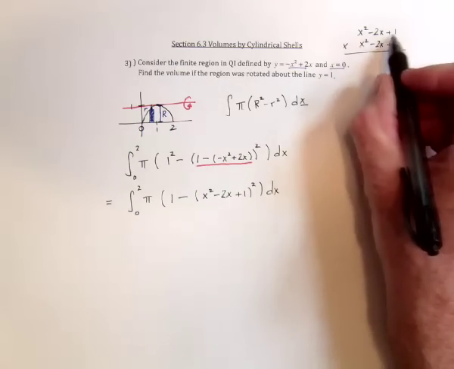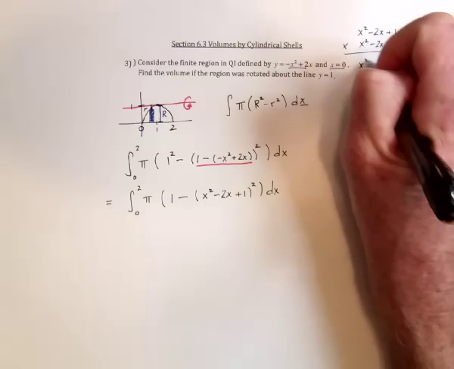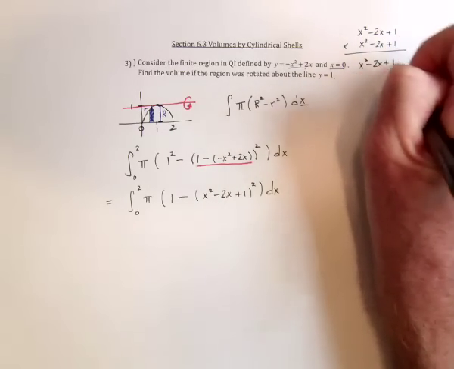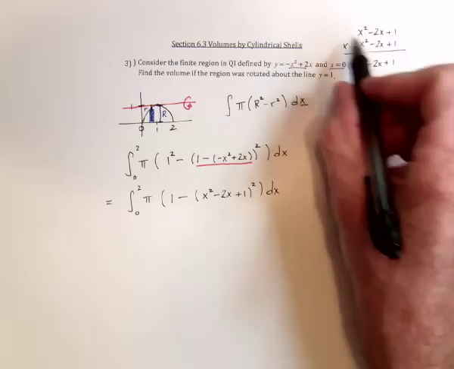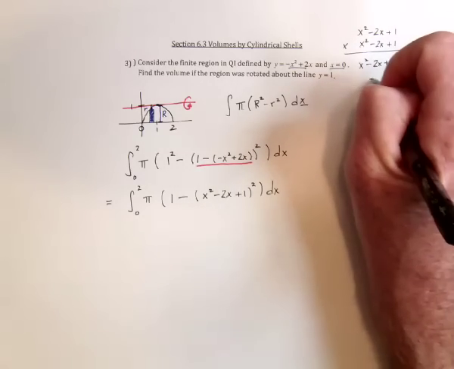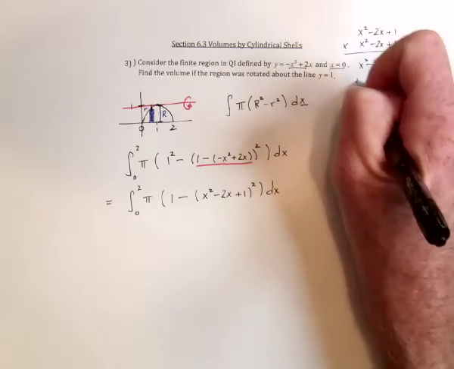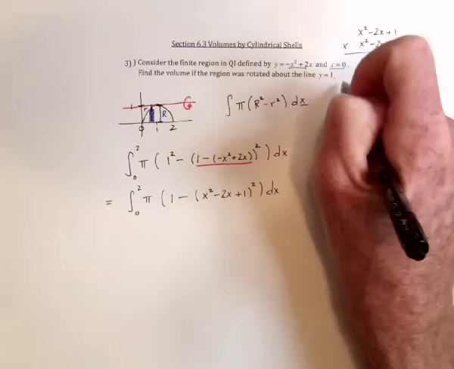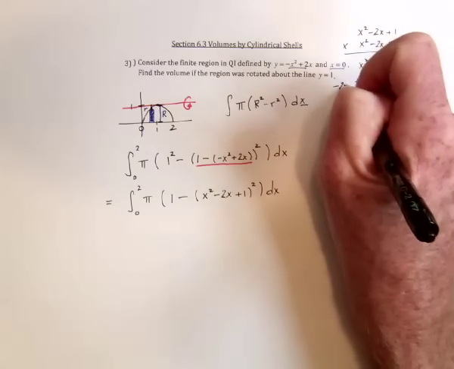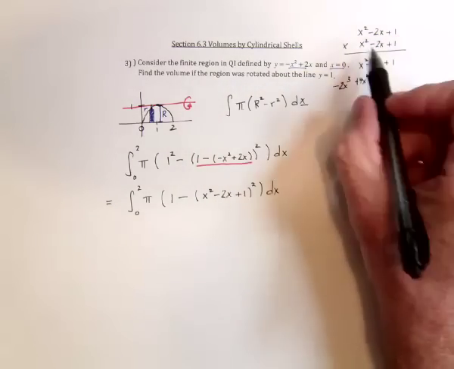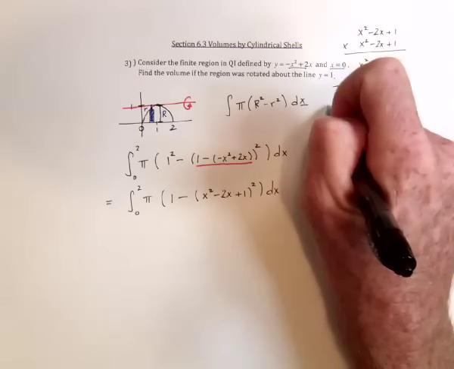So take the 1 and multiply it with these 3 guys. Take the negative 2x and multiply it with these 3 guys. And take the x squared and multiply it.